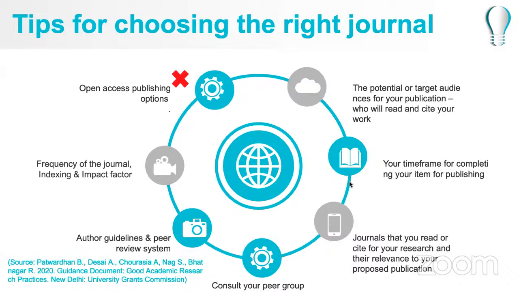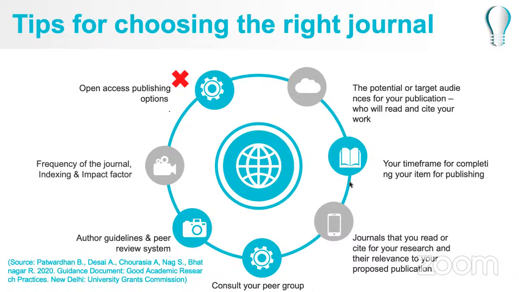The journals also take a lot of time in the peer review process, and then they have some technical things to take care of before it gets published. So the time frame for publishing is important, that is, how much time you will give. Then journals that you need to read or cite for your research and their relevance to your proposed publication.